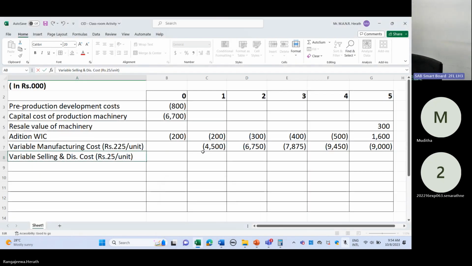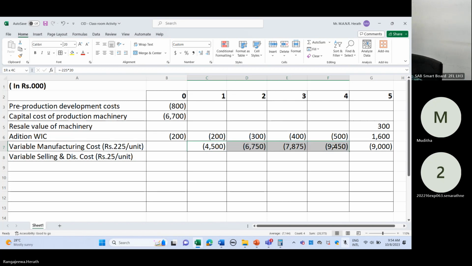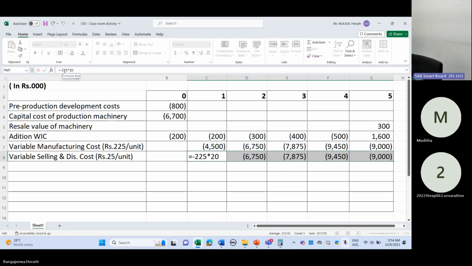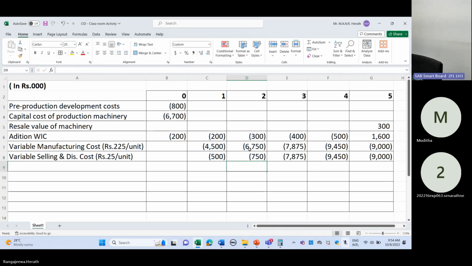So we can multiply the same way: 25 into 20, 25 into 30, 25 into 35, 25 into 42, and 25 into 40. Right? Variable selling.